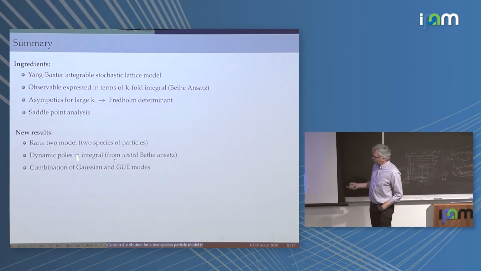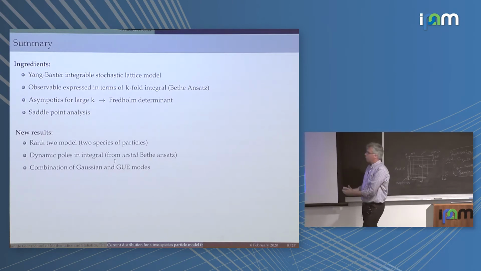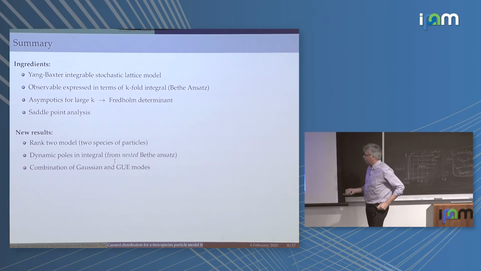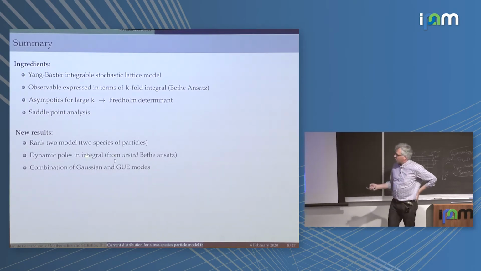But anyway, we can do something, and we will arrive at this: if you have a rank 2 model, there are two species of particles. Each has its own sort of current, and basically it's a 2-component model. You have to look at the 2 eigenmodes of your system, and they each have their own distribution. And what we find in the end is that there will be a combination of Gaussian and GOE modes from these 2 eigenmodes.